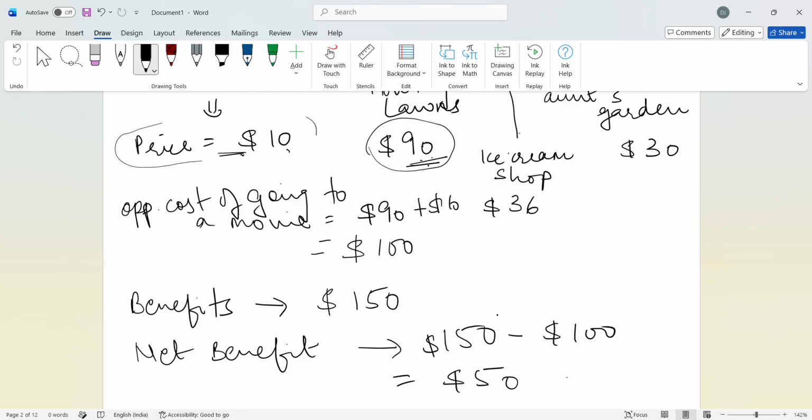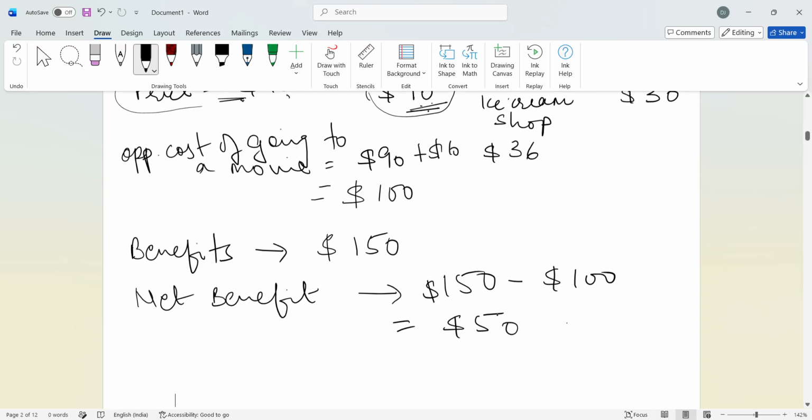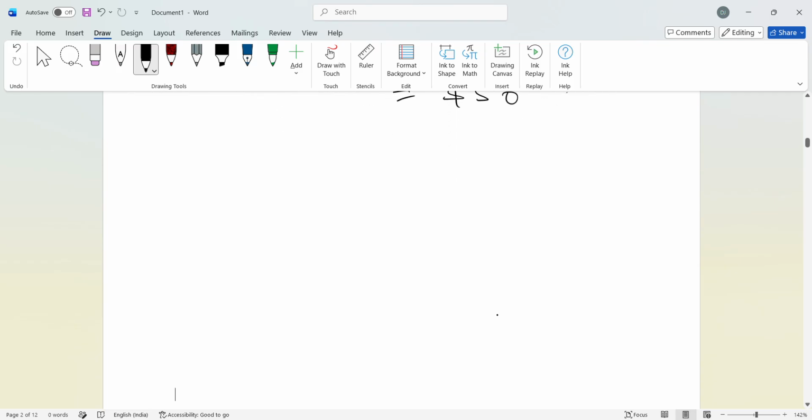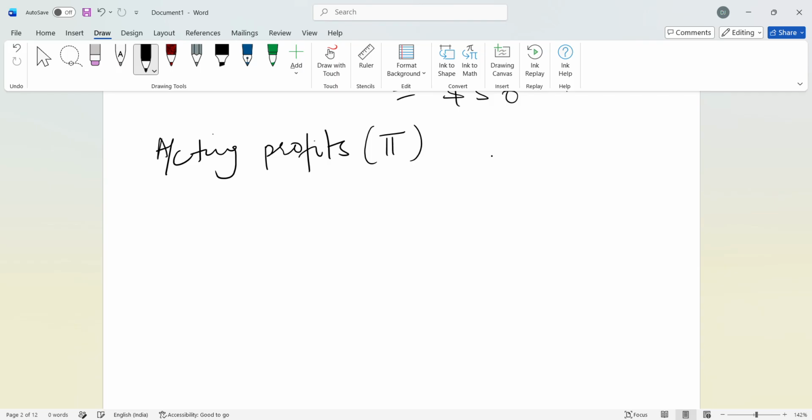All right. Now, another concept that's very much attached to this is the difference between accounting profits and economic profits. That's my short form for accounting profits. For profits, I use this symbol of pi. As I told you in the beginning of the video, accountants only take into consideration.